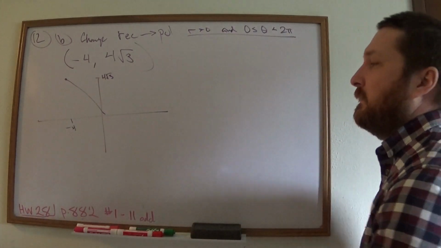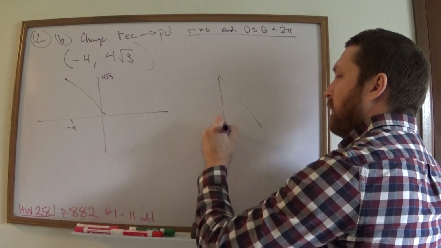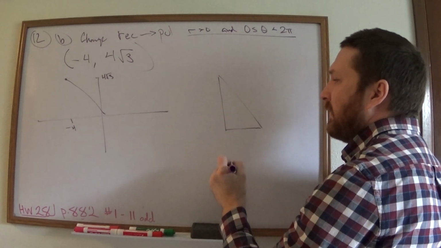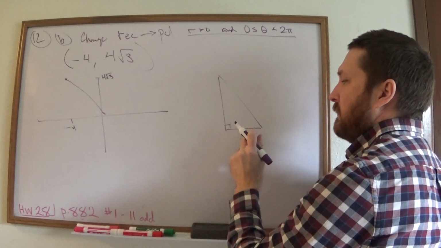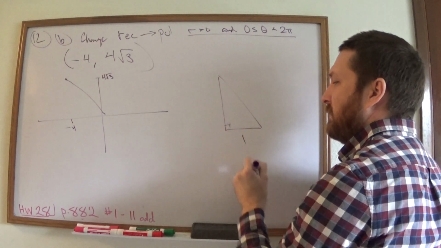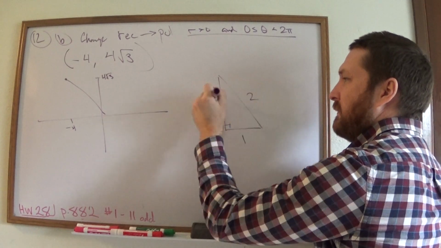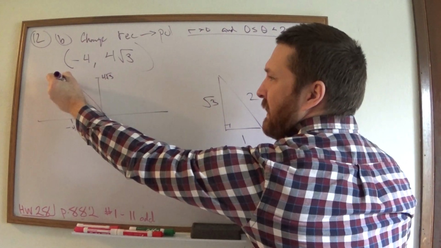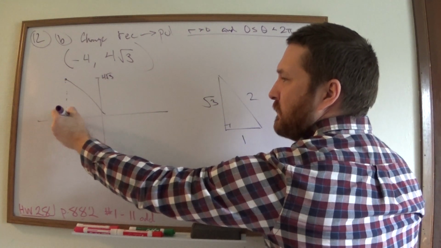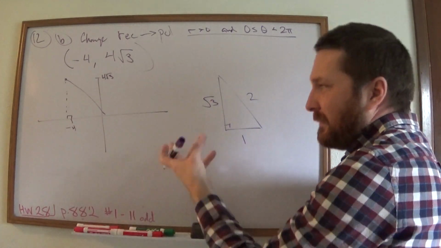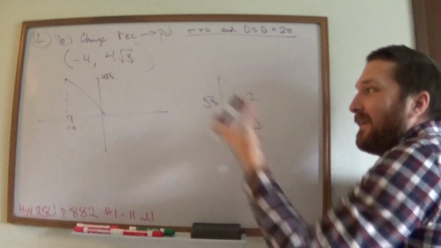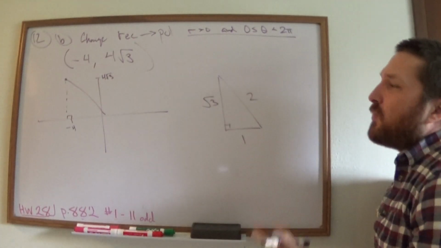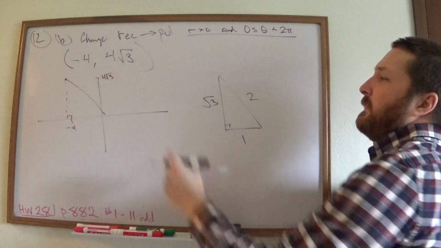So wait a second, what triangle do we know that's kind of like this? The sides are 1, 2, root 3. The height here is root 3, and the ratio is root 3 to 1.